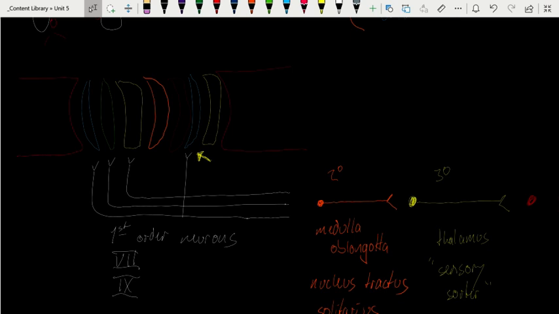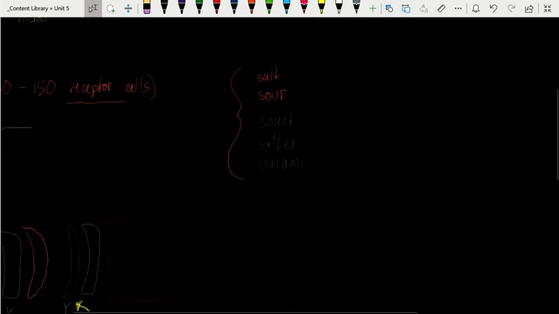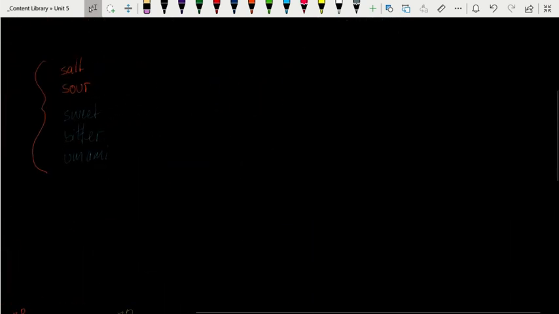All right, to explore that, let's come back up here and look at the two different classes essentially of receptor cells. We have salt and sour that are grouped together because of what these things actually bind to, or what it is that triggers them.